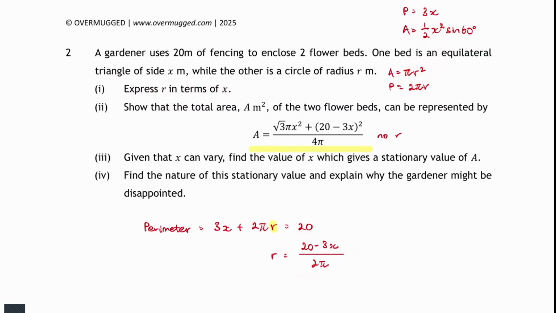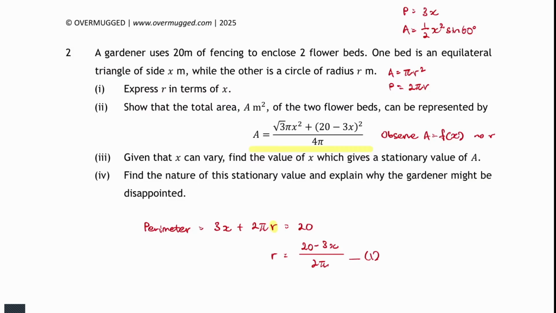So I write down again, what's the big picture? Observe: A is only a function of x, no r. There's no r inside the A expression. So the question is trying to lead us to use the perimeter expression, expression 1, to sub away the r inside the A expression to give us a function that is only with regards to x.